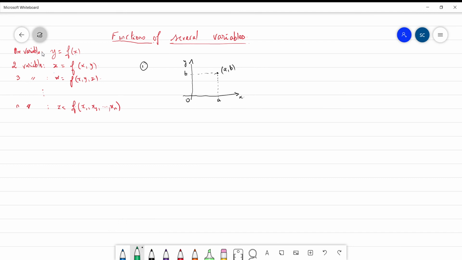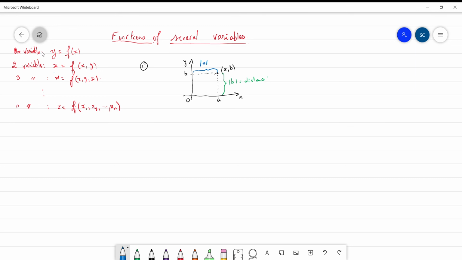We can also look at this differently. The absolute value of b represents a distance, and this one also represents a distance.